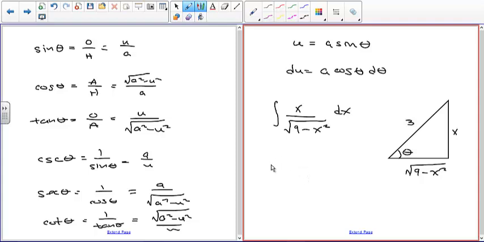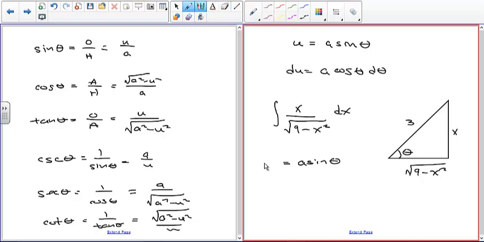So the substitutions we're going to use here are that u is equal to a times the sine of theta. Actually, we're going to say it's not u, it's x in this case.